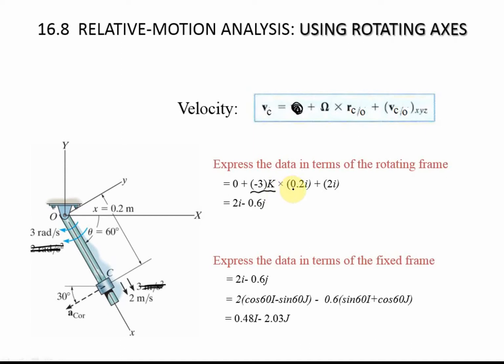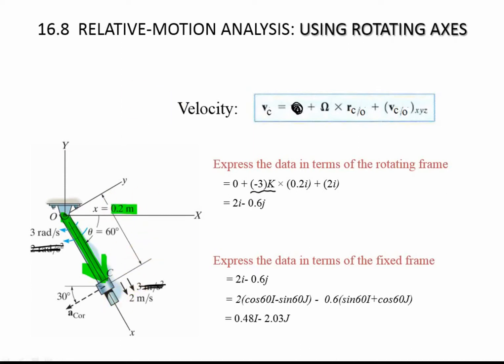And cross products, what is RC? So my R is from here to here. That's my R vector. So that's the 0.2. And then what's the direction?